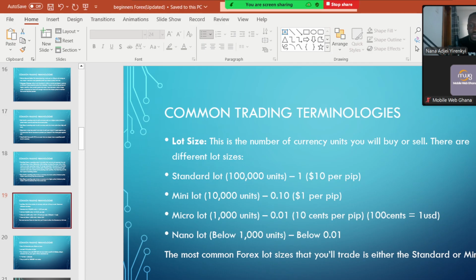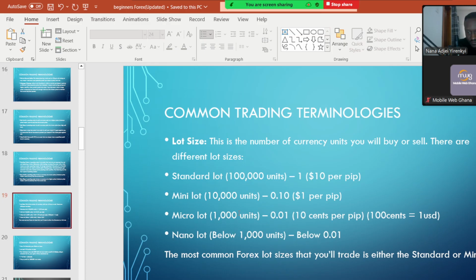And then we also have the micro lot, which is the lowest lot size you can actually enter, 0.01, which means you are controlling 1,000 units of currency. So if price moves in your favor by 1 pip, you are going to earn 10 cents per pip.